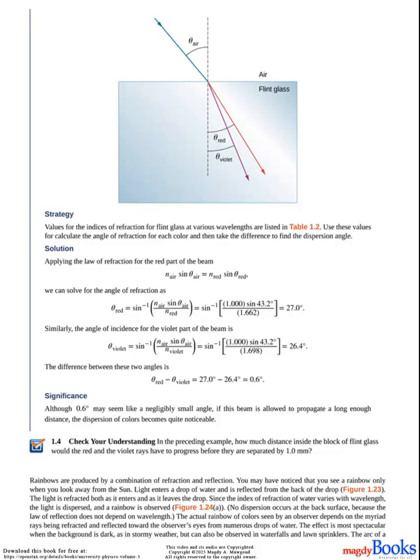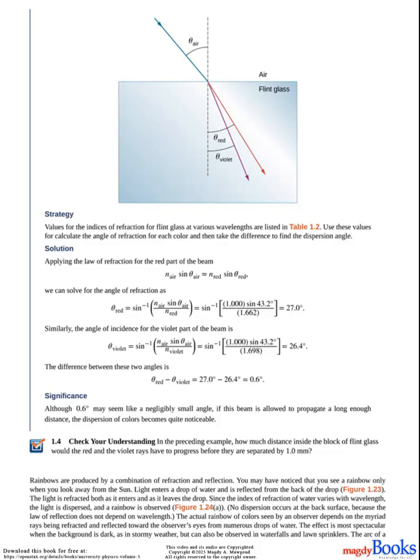air divided by n red) equals arc sine of [1.000 sine 43.2 degrees divided by 1.662] equals 27.0 degrees.